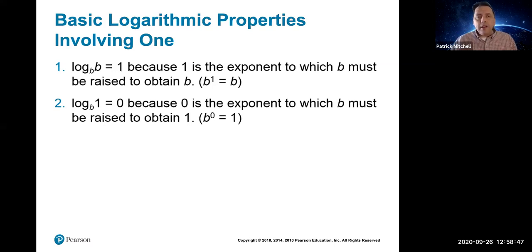And then log base b of 1, so that's asking b to what power equals 1? That would have to be 0. Remember that special property of 0 exponents, anything to the 0 is 1. All right, and these are true for any base b, as long as it's a legitimate base, right? Greater than 0, not equal to 1.